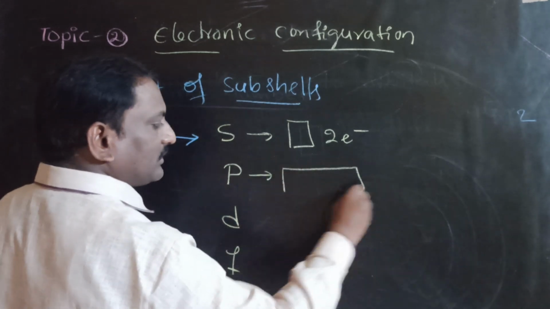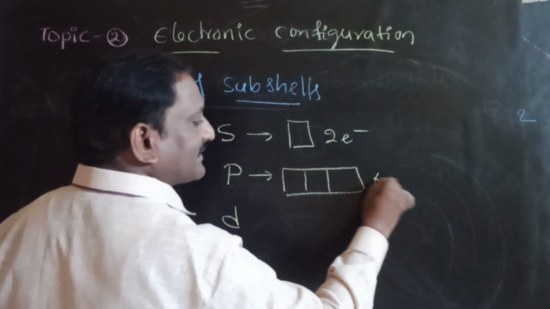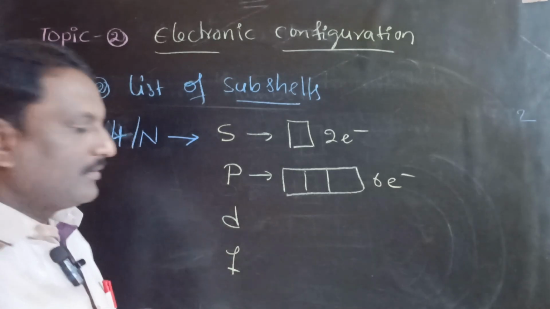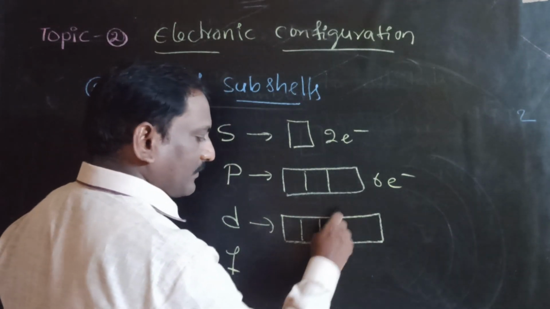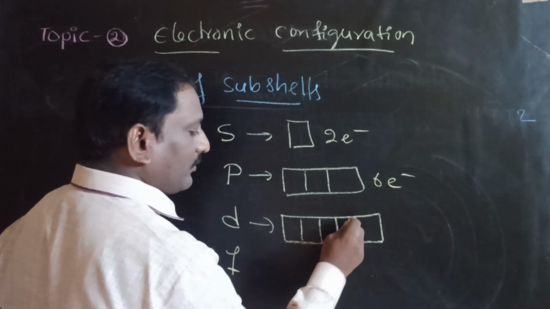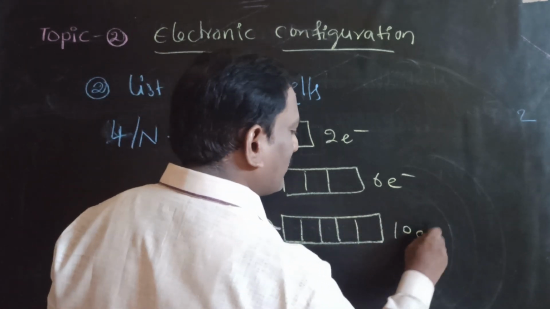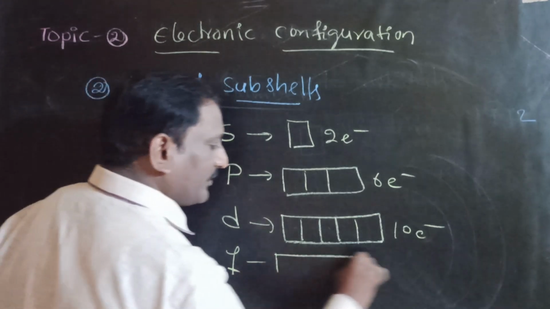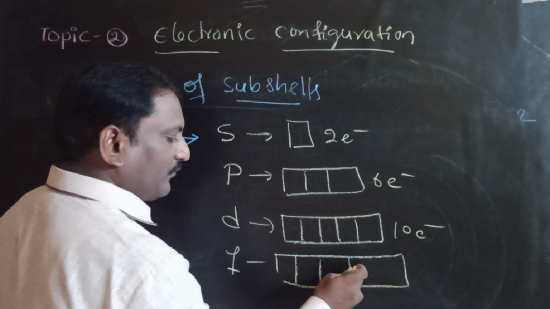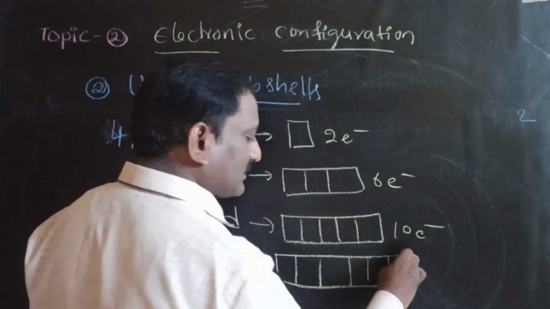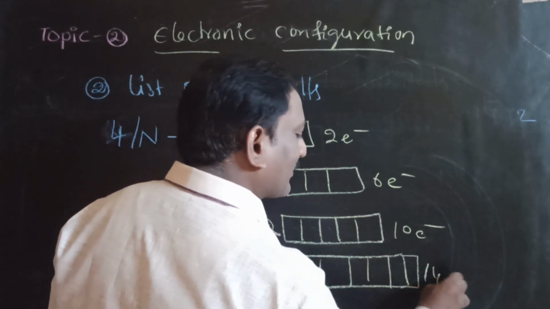P subshell with 3 boxes with 6 electrons capacity. In case of D, 5 boxes, 1, 2, 3, 4, 5, 10 electrons capacity. F with 7 boxes, 1, 2, 3, 4, 5, 6, 7 with 14 electrons capacity.